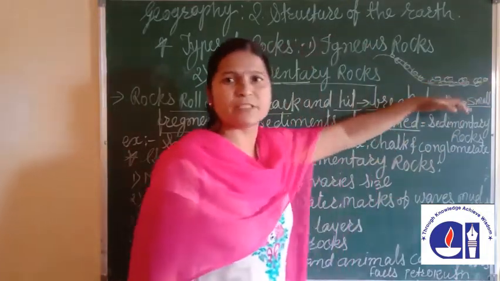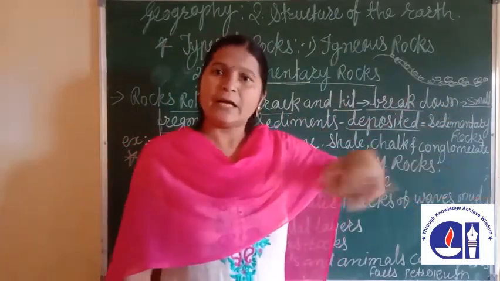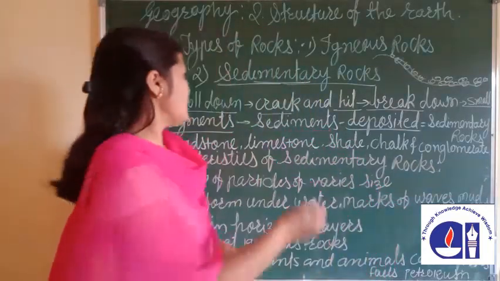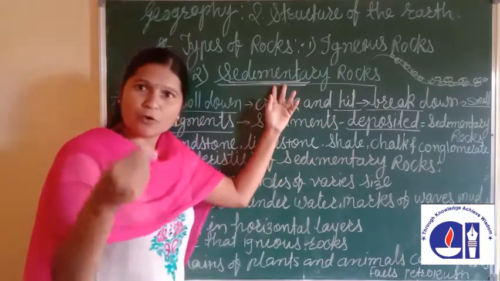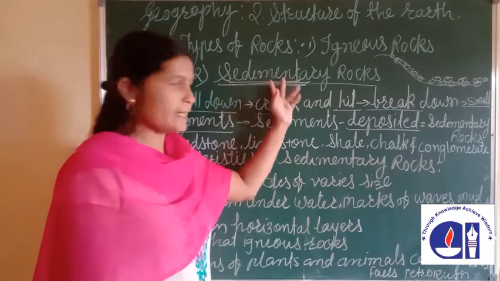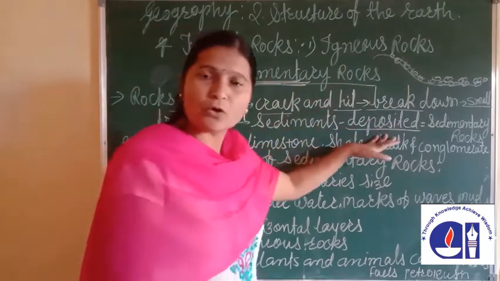Fragments are deposited in a place for a long time, and there some rocks are formed. Those rocks are known as sedimentary rocks. So this type of formation is known as sedimentary, and these rocks are deposited.